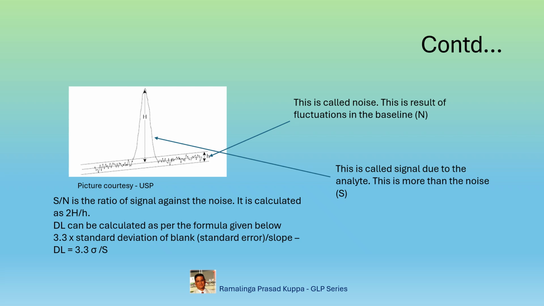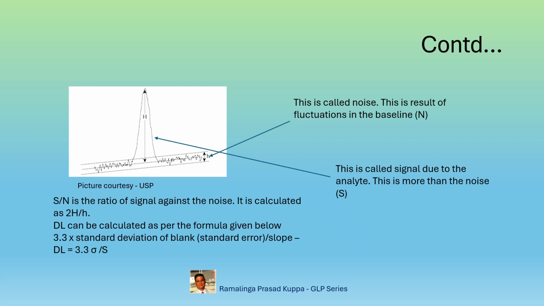This picture from the US Pharmacopoeia explains more than words. In this picture, you can see the minor fluctuations, which is called the noise, at the baseline level. The area counts at this level are very insignificant. See the area counts for the signal; it is more than the noise level.